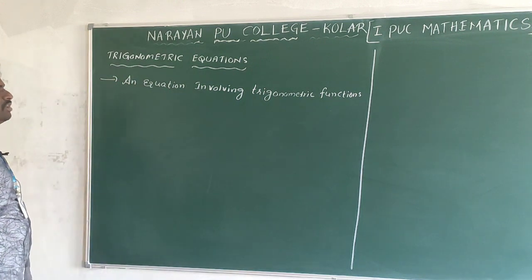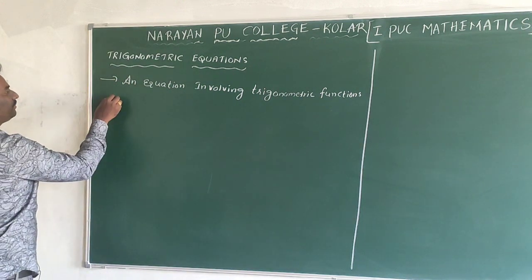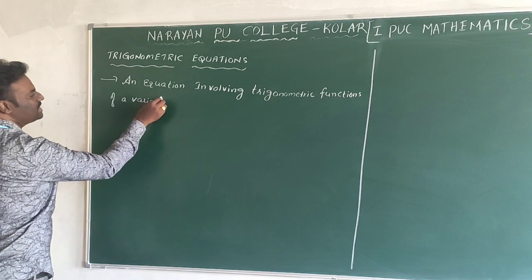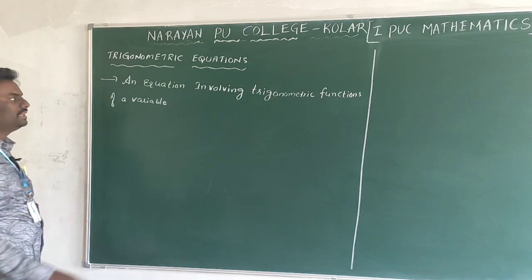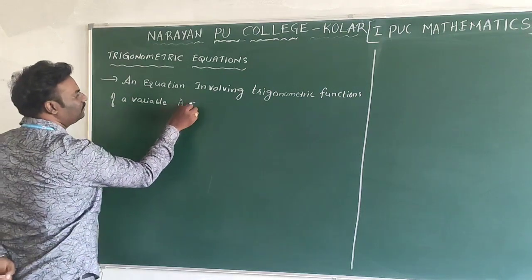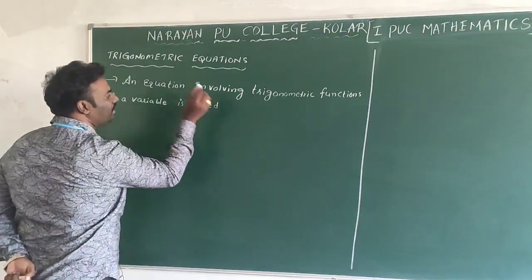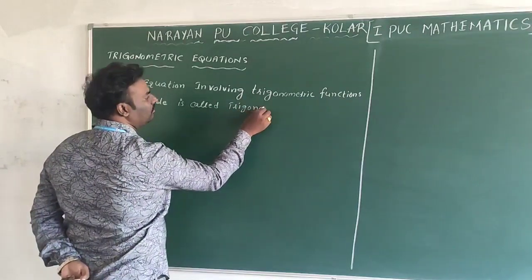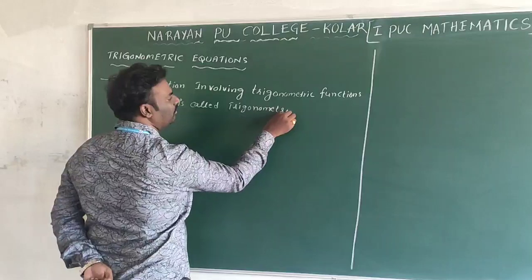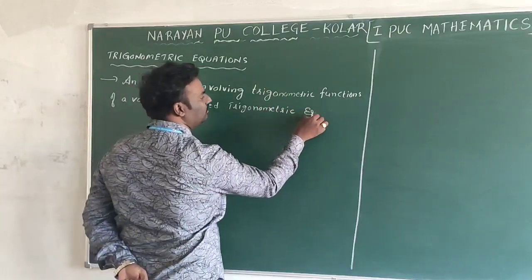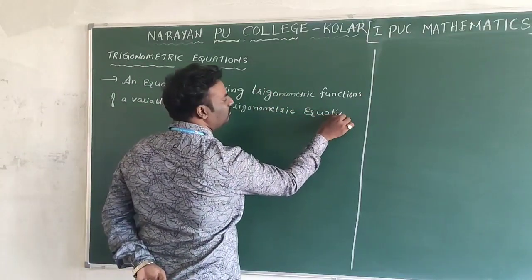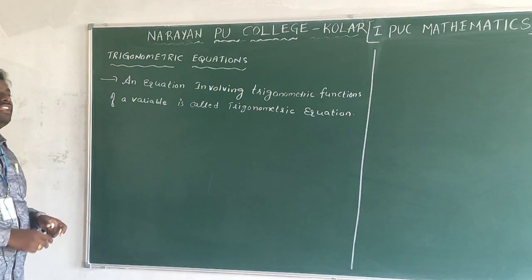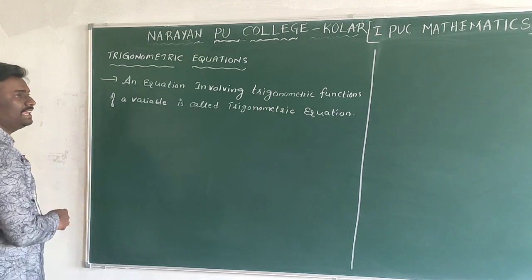An equation involving trigonometric functions of a variable, either it is x or y, is called a trigonometric equation.